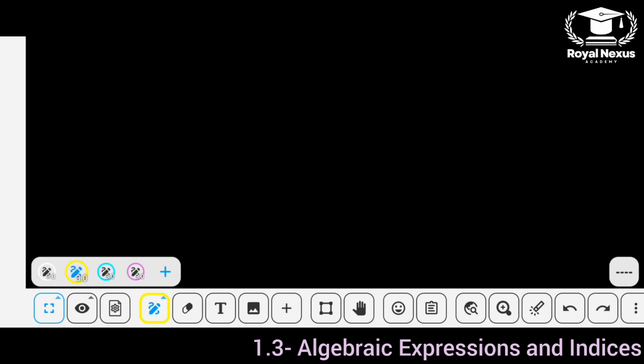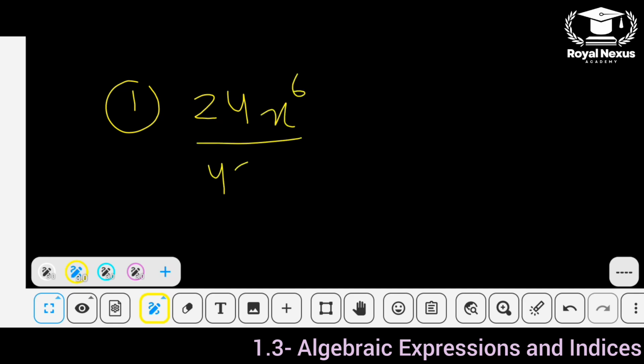The first question is 24 times x to the power 6 divided by 48 times x to the power 4. Here the bases are being divided by each other, so we will be using the second rule of indices: when bases are divided, the powers will be subtracted.